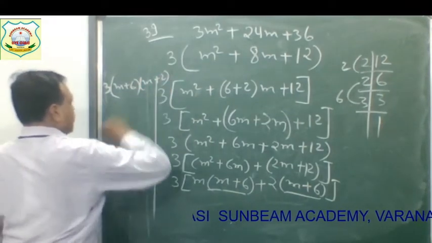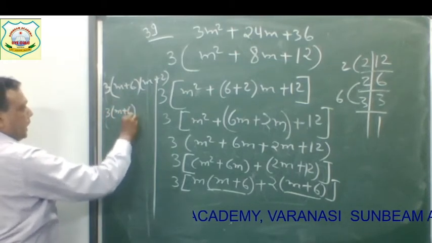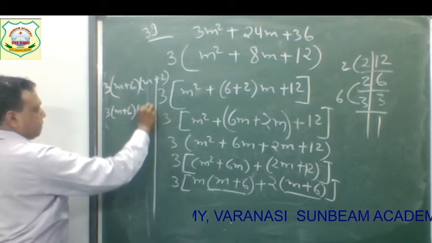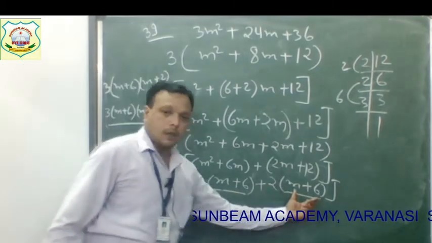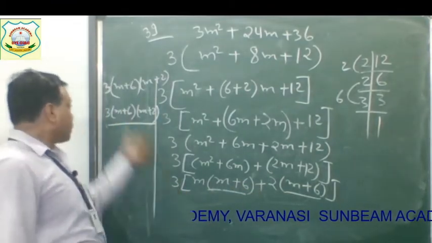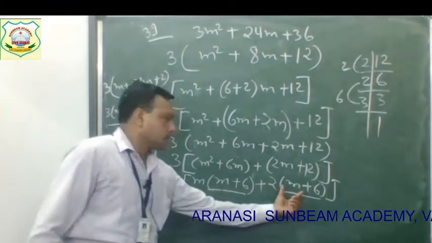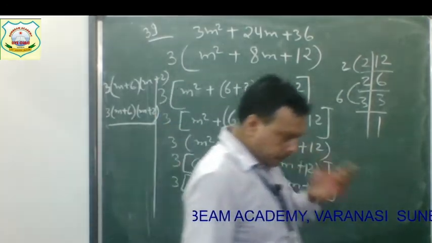So what will be the answer? 3 times m plus 6 times m plus 2. It will be your answer. m plus 6 we have taken common and m plus 2 is left. 3 is already outside: 3, m plus 6 and m plus 2. Clear students? So note it down.